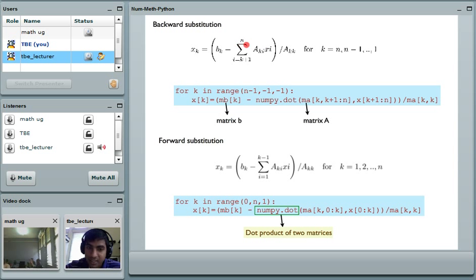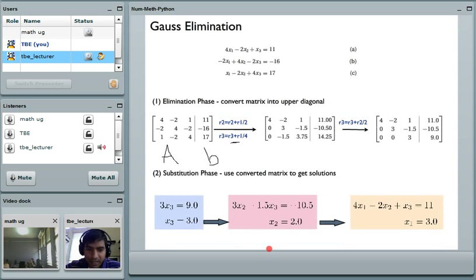So for 4 to 3, this summation will not exist, because i goes from 4 to 3. This particular summation doesn't sum over, so you are left with that element being 0. Finally you have x3 is b3 divided by a33. Is that the solution we have here?